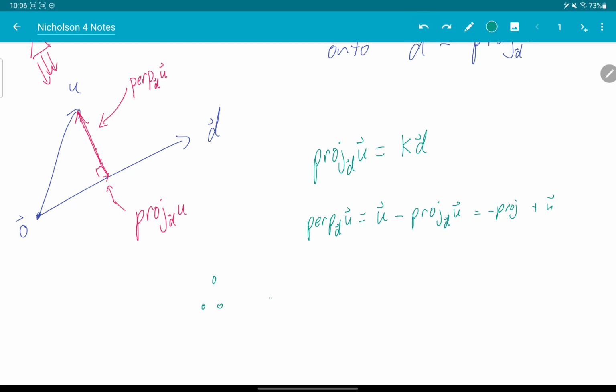So let's go ahead and do that. U minus the projection, also known as the perpendicular, if I dot that with D, I'm going to get 0, because the dot product of orthogonal vectors is 0.